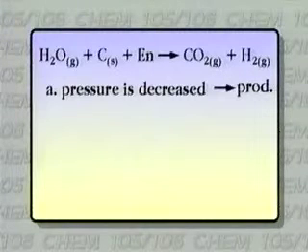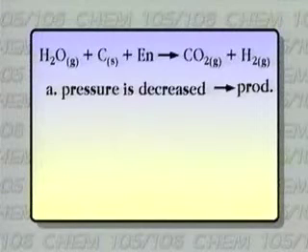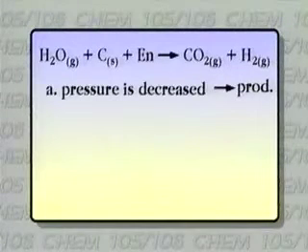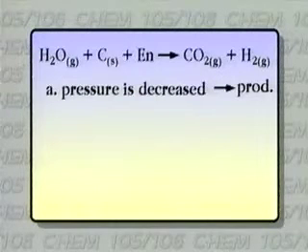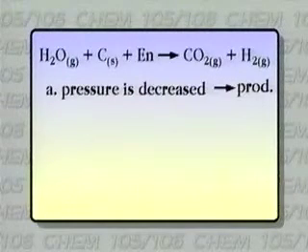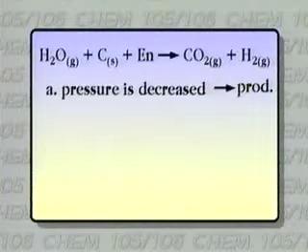So our prediction would be, keeping Le Chatelier's principle in mind, that if we decrease the pressure, the shift would be toward the product side, increasing the amount of CO2 and hydrogen that would be produced before the new equilibrium would be reached.